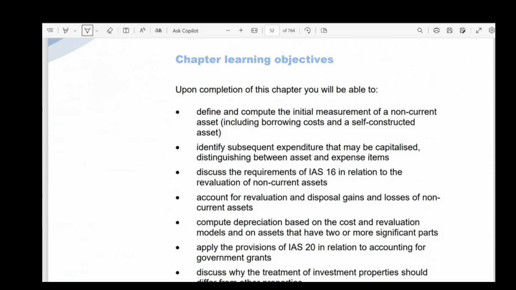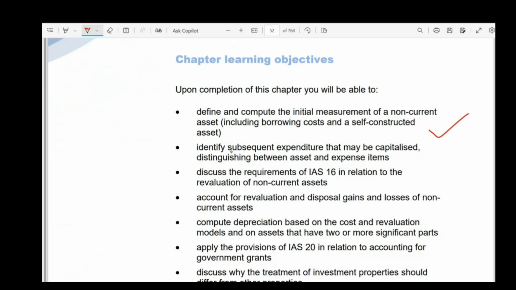The objective of this chapter is that we will discuss the initial measurement of non-current assets, as mentioned here. We will identify subsequent expenditure that may be capitalized and distinguish between assets and expenses.